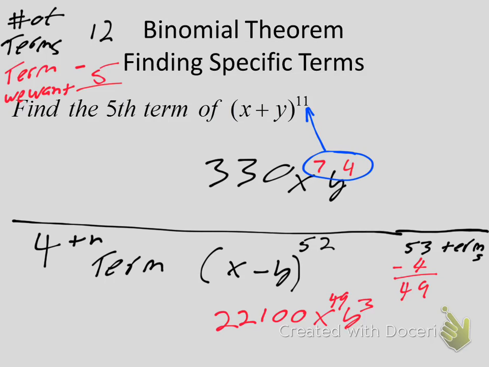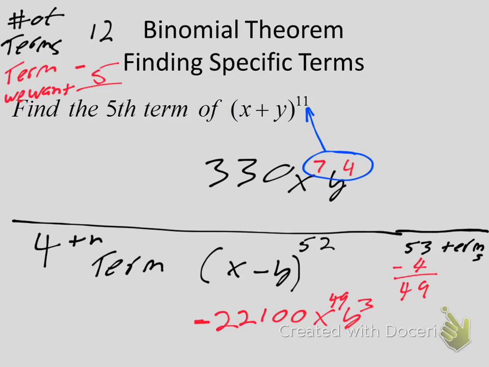Gotta put a comma. Why? It's not just because it's a minus. You're right, this should be a negative. Oh, it's a minus up there. But that's not the reason.